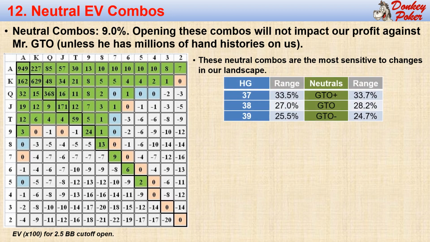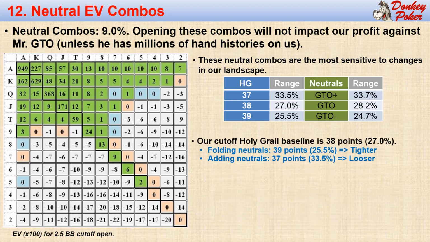This table summarizes the key information for opening from the cutoff. Our Holy Grail opening index is 38 points, which is a 27% range, which is just slightly tighter than the 28.2% mixed strategy range that GTO Wizard recommends, which includes all the green and blue combos.